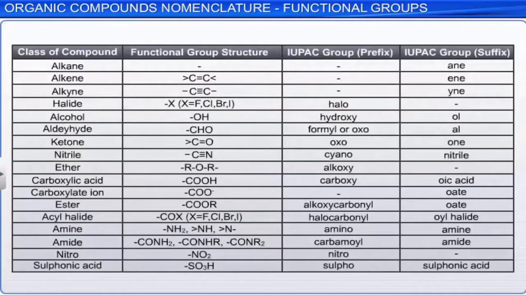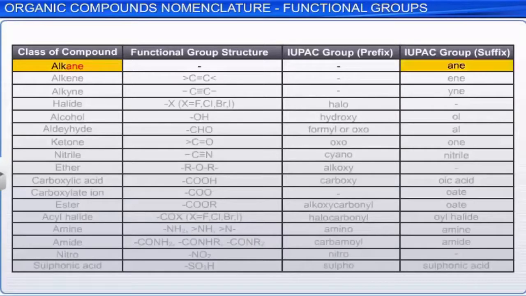Based on the structure of the compounds, they have been organized into classes and assigned IUPAC group prefix and suffix. The alkane group suffix is ane, A-N-E. The alkene group suffix is ene. The alkyne group suffix is ine.